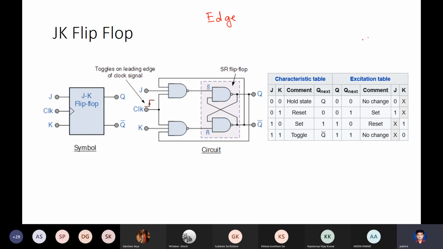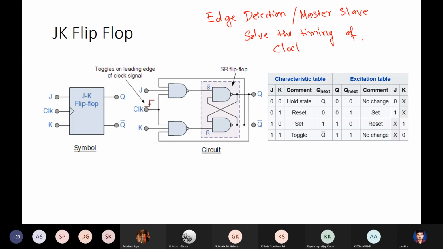One is called edge detection, and another is called a master-slave combination. They solve the timing problem, the pulse width problem.